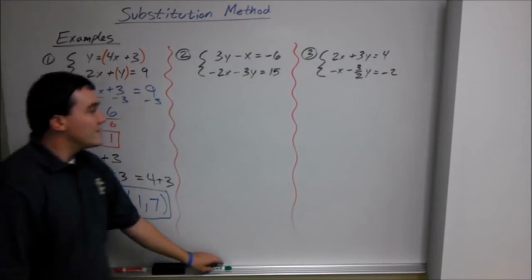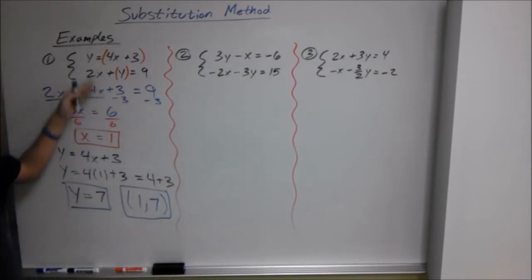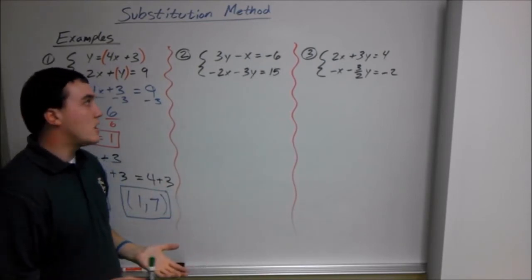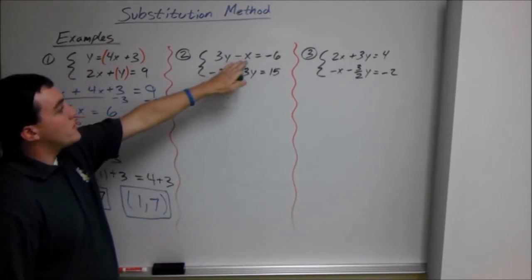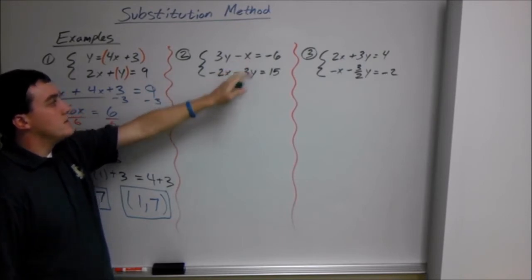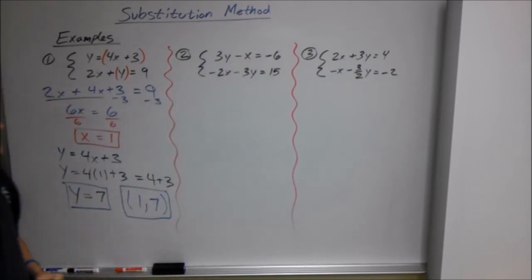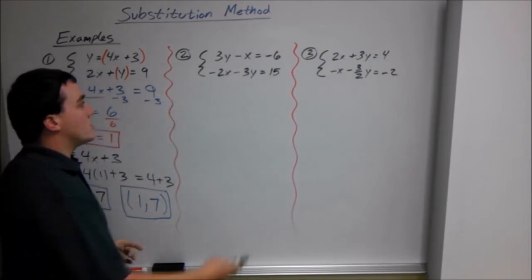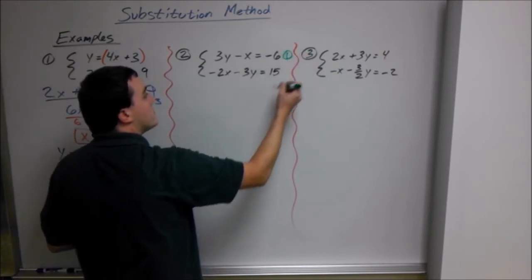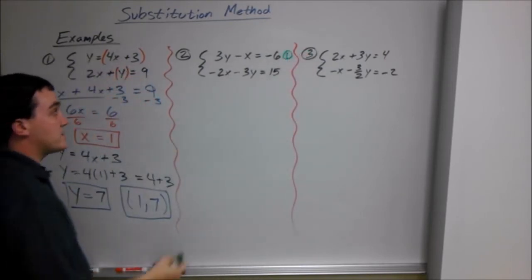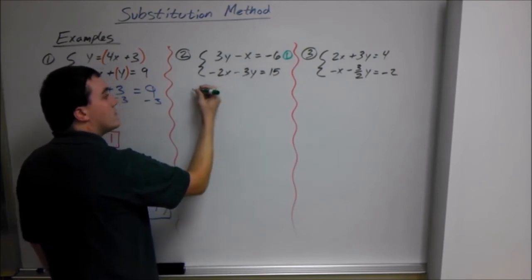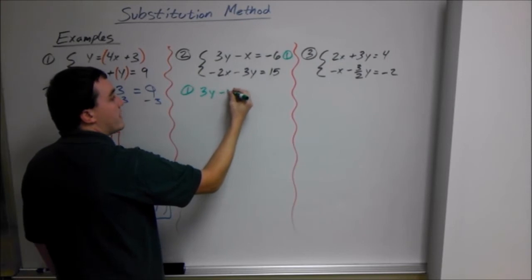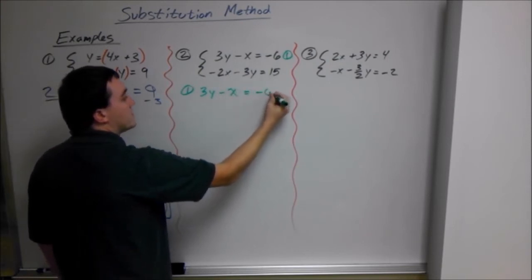For number 2, not quite as easy because they don't just give us x or y. So what we have to do is look for something that's easily solvable. Here, x is by itself already, so that's going to be the easiest thing to solve for. Everything else we would have to do a bunch more work for. So let's call this equation 1. We're going to solve for x, since x is already almost by itself. So take equation 1, 3y minus x equals negative 6.